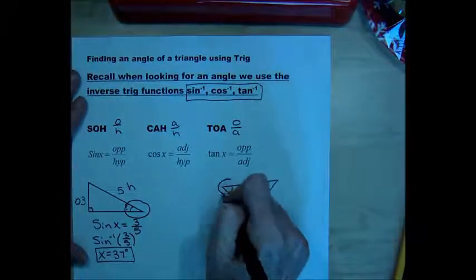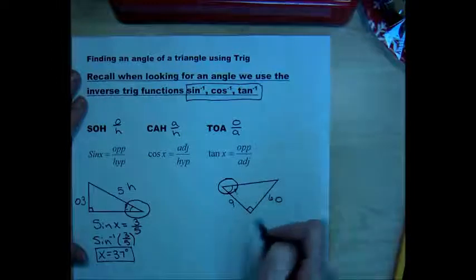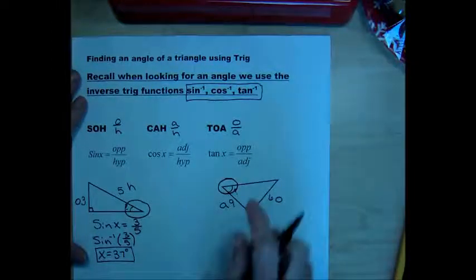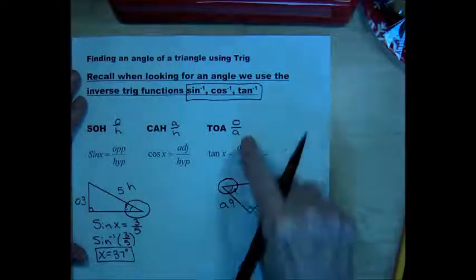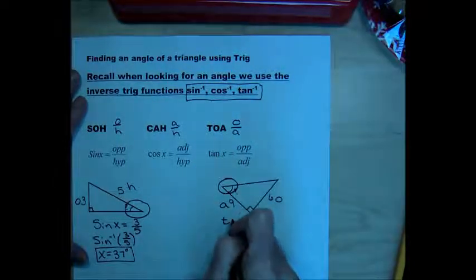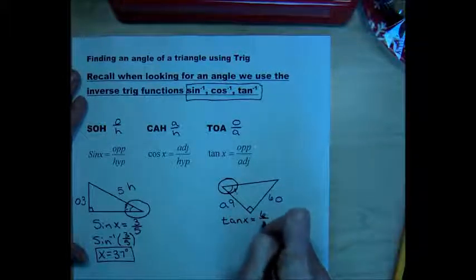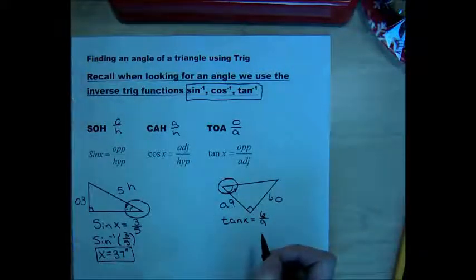Alright, same method. I'm going to circle the angle in question. I'm going to identify the side lengths. I know my opposite is 6, and 9 is the adjacent. So opposite and adjacent go with tangent. So the tangent of the angle x is 6 over 9 because that's opposite over adjacent.